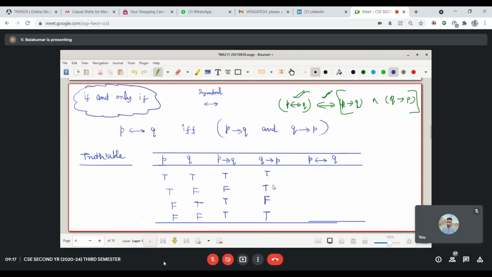Is this what you said? False, false, true, true. So finally you are saying true, false, false, true. So these are the possibilities. If you are getting this truth table value, that is defining this P both implies Q.